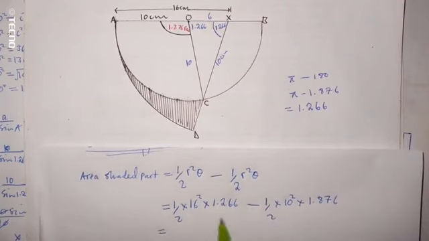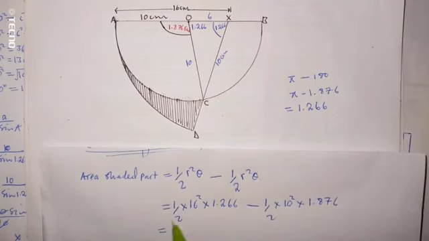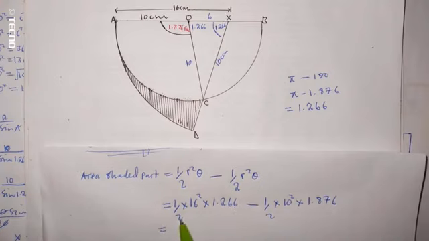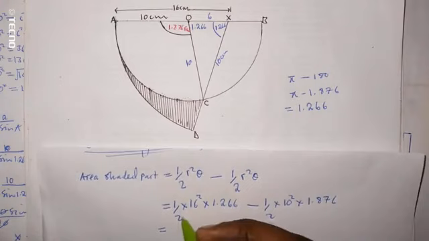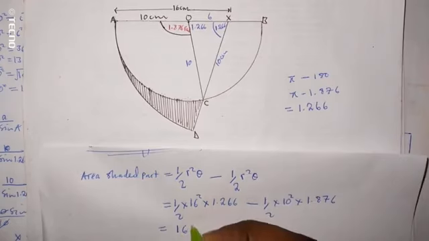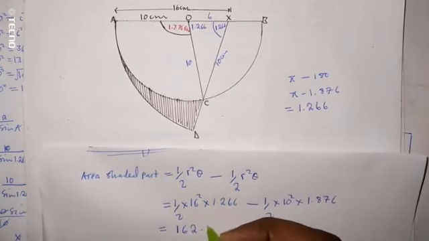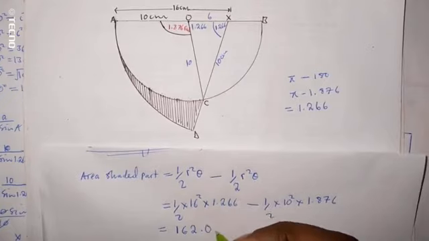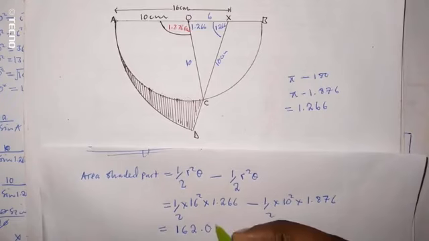We can compute this on the calculator. Computing 16 squared times 1.266, then divide by 2, what we get here is 162.048, then minus.